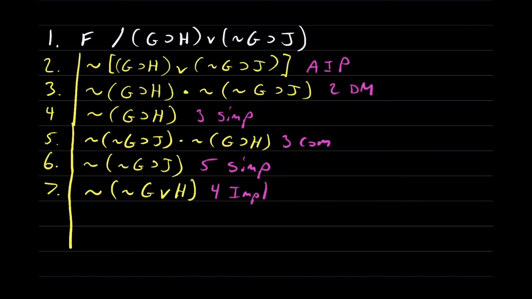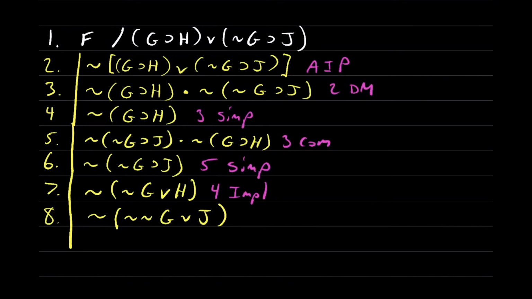And I'm actually going to do the same thing to line 6. I think you'll see why here in a moment. If I do that, I'm going to get, it's not the case. Now here you have to be a little careful, not G or J, because we already had that negation in front of the G there. So we're going to end up with that extra negation. Okay.